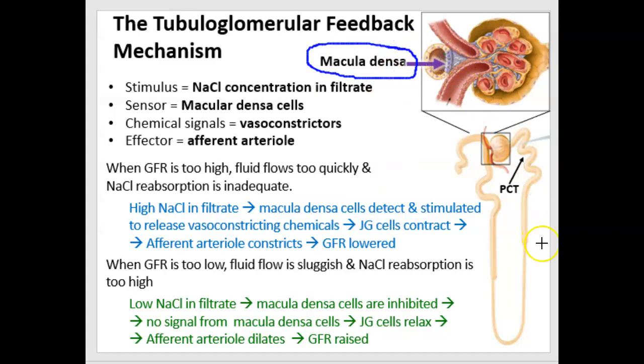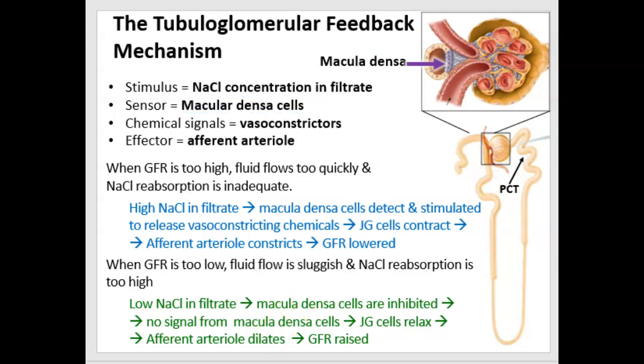They are in the end of the ascending limb of the loop of Henle. Right, okay, so what do they do? These cells, the macula densa cells, can sense the concentration of sodium chloride in the filtrate.